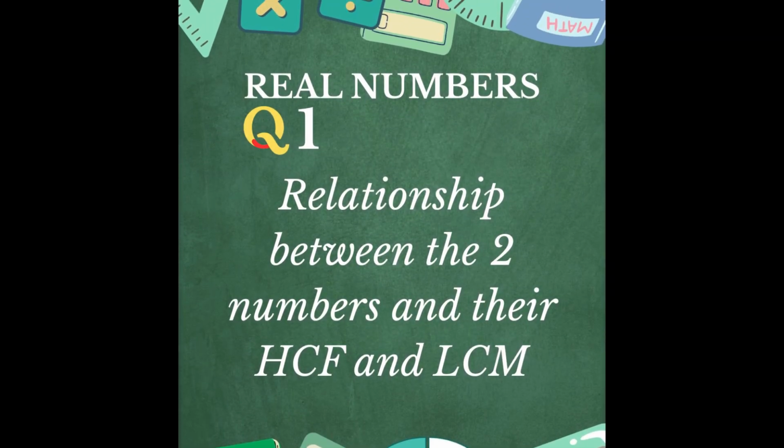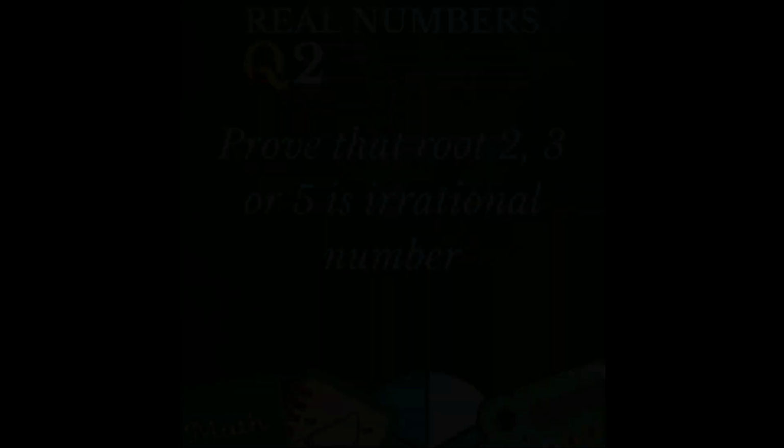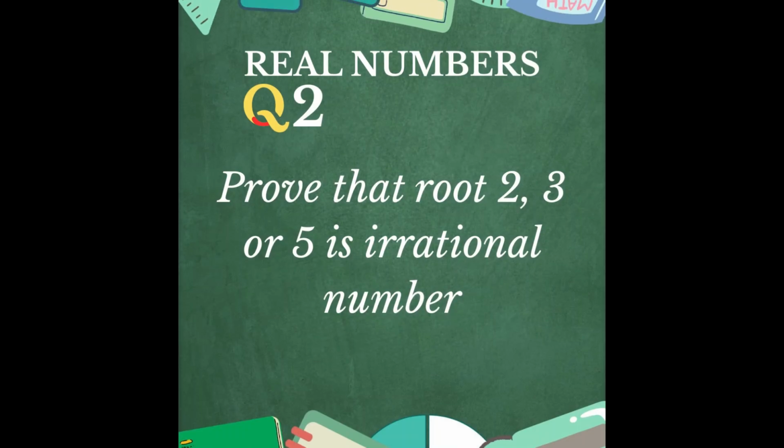Then the next question, which is a 101% sure question, is prove that root 2 is an irrational number. Now in place of root 2, they may ask root 3 or even root 5. The steps are the same. The only thing is you have to make some minor changes when the number changes. So these two questions are 100% sure questions from the chapter Real Numbers.